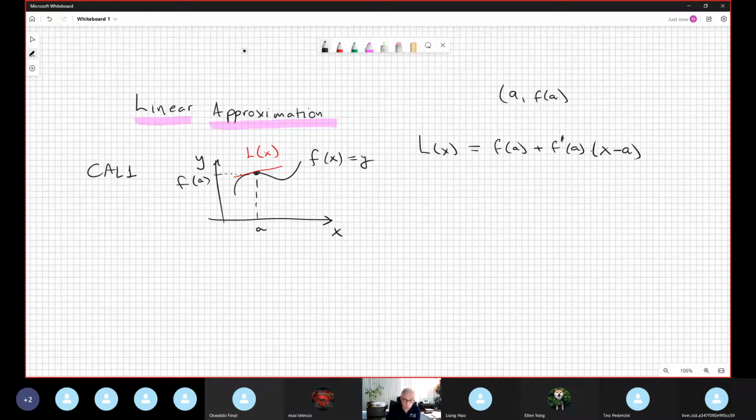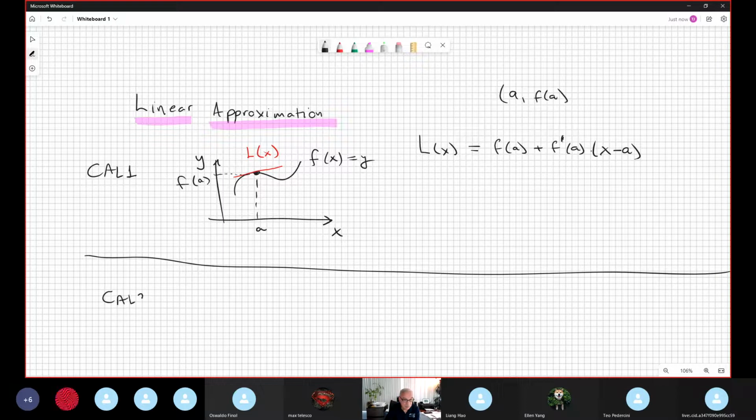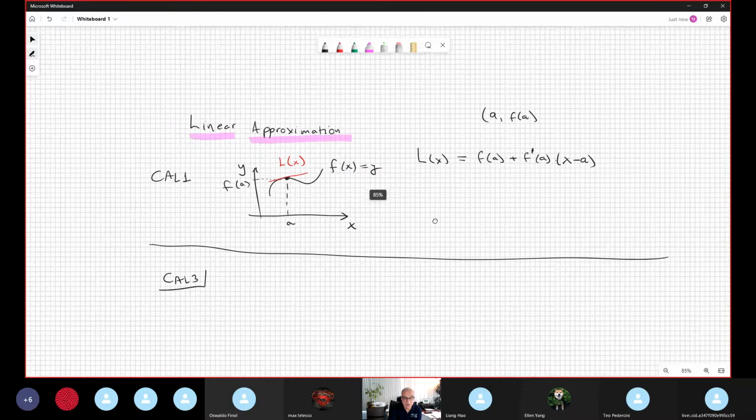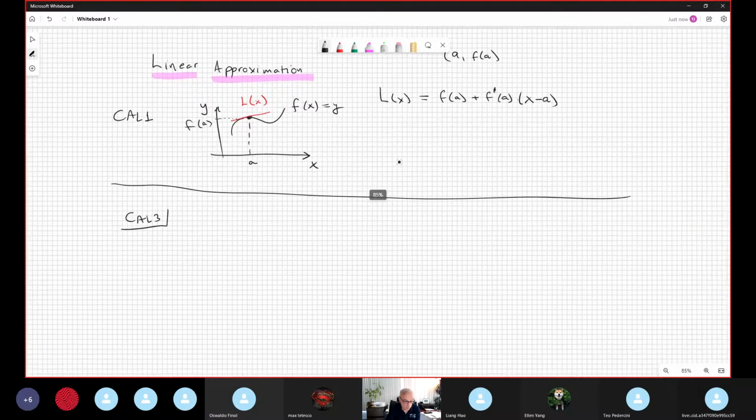Yes, cool, excellent. Now I want to extend this idea in Cal 3. In Cal 3, we have a slightly different situation. We have, for example, a surface.